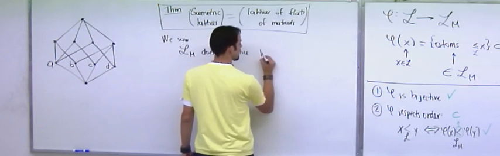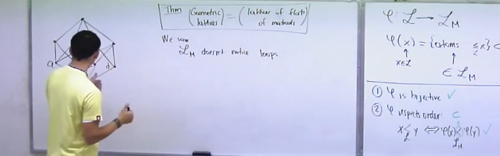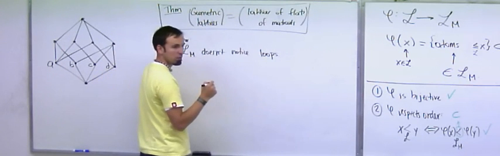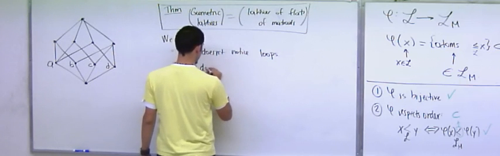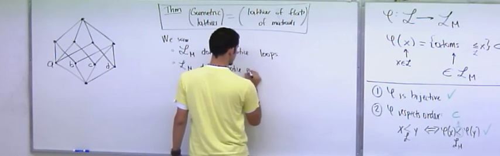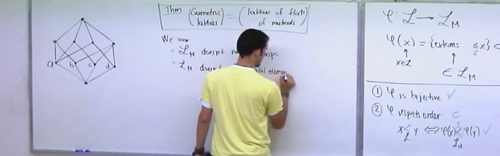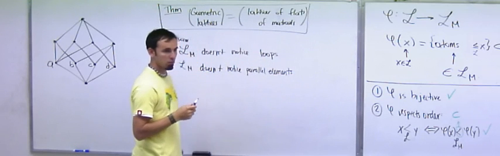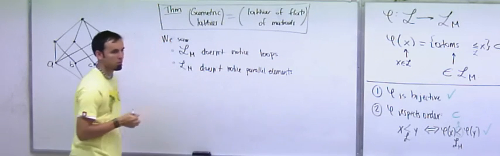So it doesn't notice loops. And the other thing we saw is that lattices of flats don't notice parallels. It's not quite that it doesn't notice the parallel elements, it's just that it merges them into one.